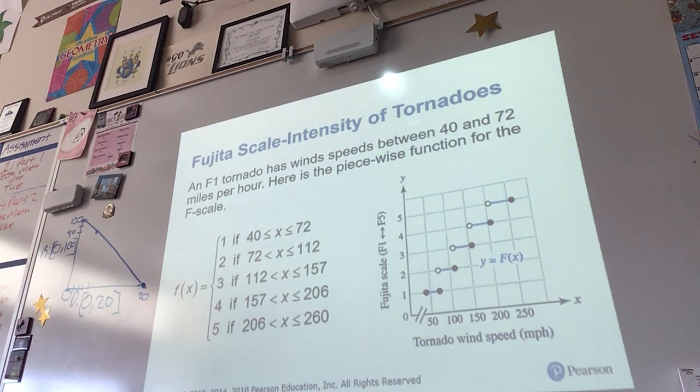Once you get to a 93, you jump up to an A. So your letter grades are step functions like this. You're at an A for a while, and then you jump down to an A minus. You're at an A minus for a while, you jump down to a B plus. So that's how we calculate your grades, with a function like this.